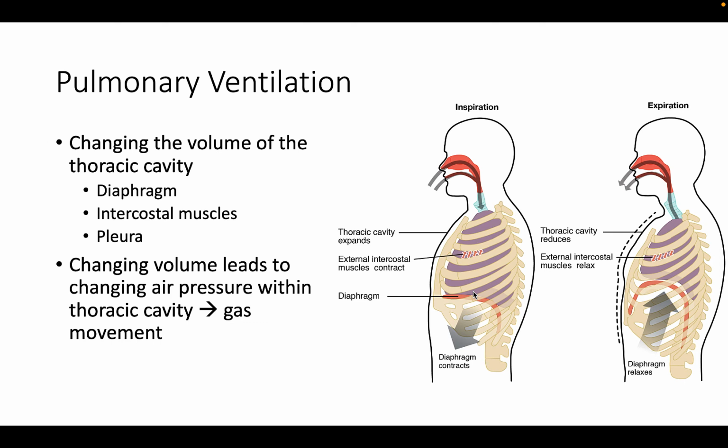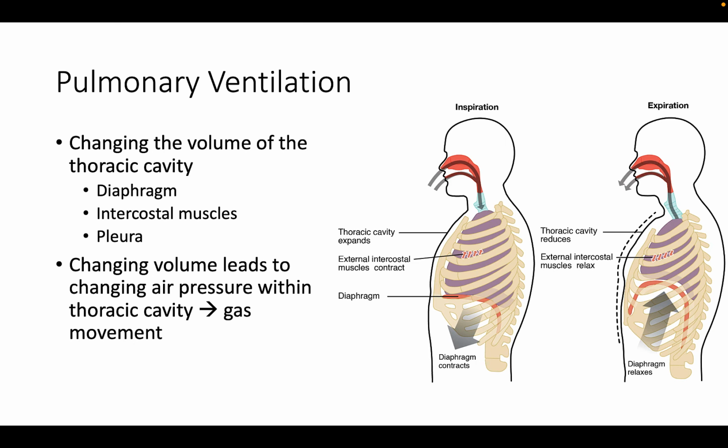And this increase in volume inside the lungs leads to a decrease in intraalveolar pressure. So there's more volume to operate in there now, and so now there's less pressure in there as well.